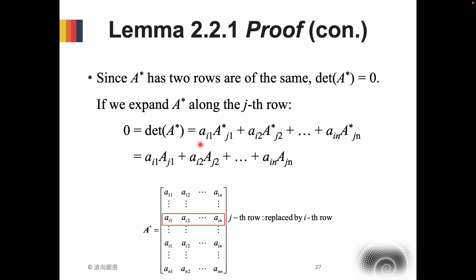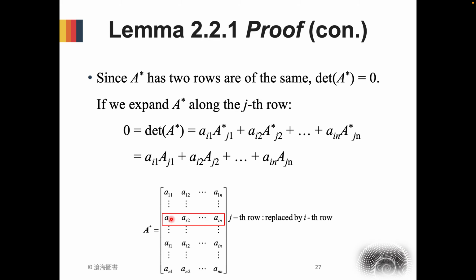So the calculation would be like ai1 times A star J1. Why? Because originally this is small aj1 in the original matrix A, but now for A star, the aj1 is replaced by ai1.